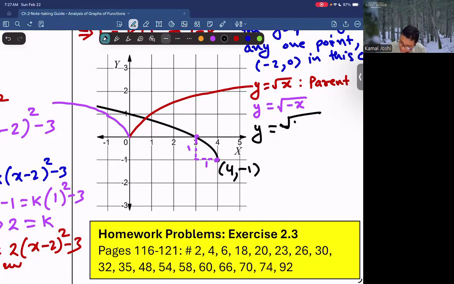So under root, minus x minus 4 because of the right shift. You are shifting the violet graph, not the red, not the original. And minus 1 because it's 1 unit down.